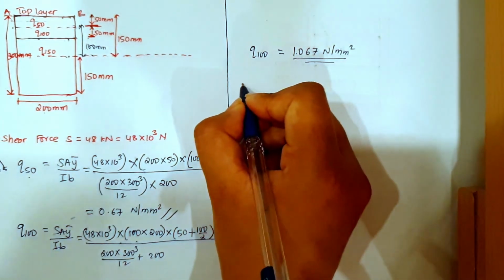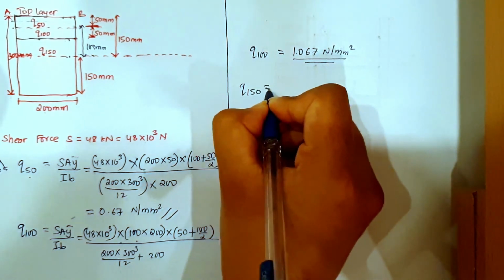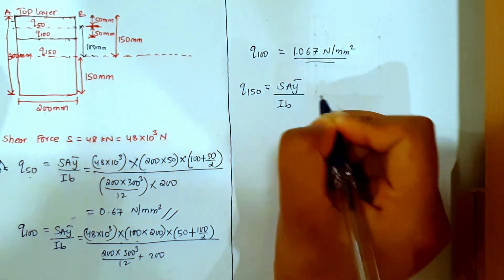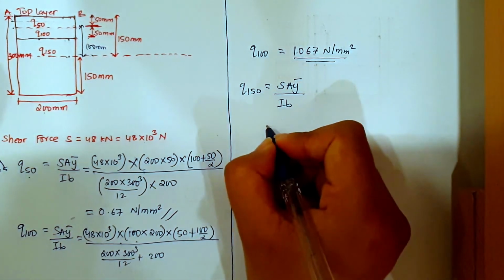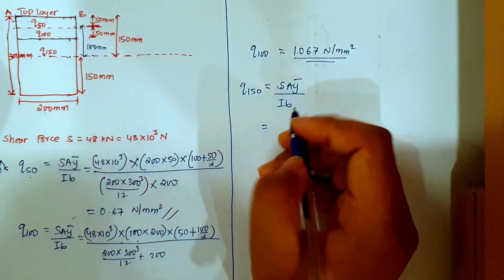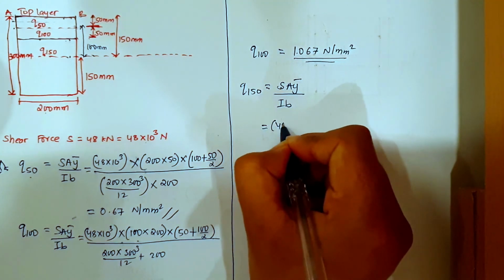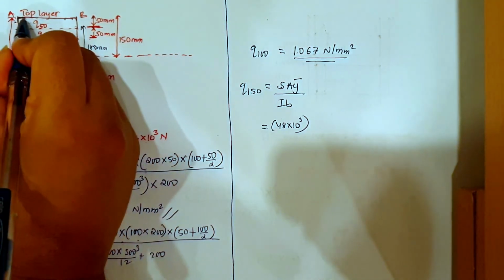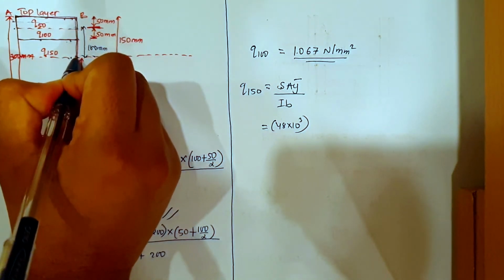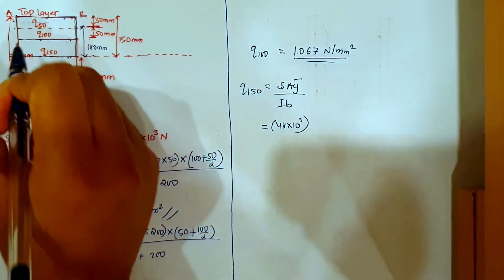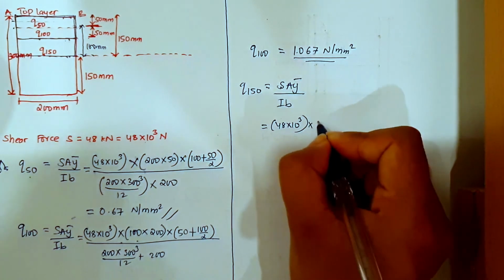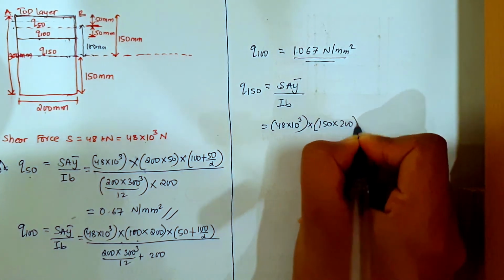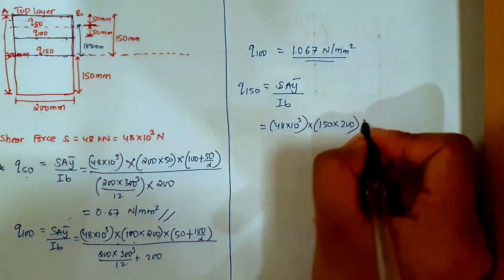Now let's find shear stress at 150, which will be equal to S A y bar by I B. Now how much will S be? S will remain same, which is 48 into 10 raised to power 3. How much will the area be? Now the area will be of this whole box, from here the full 150 came, right? So it will be 150 into 200 full length, right?